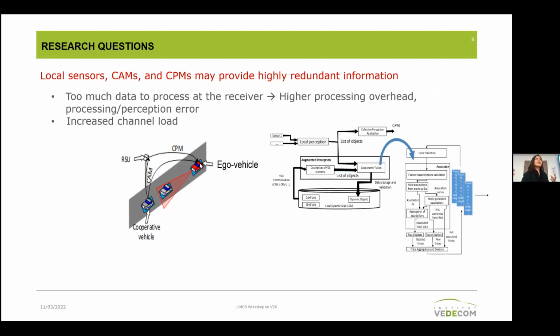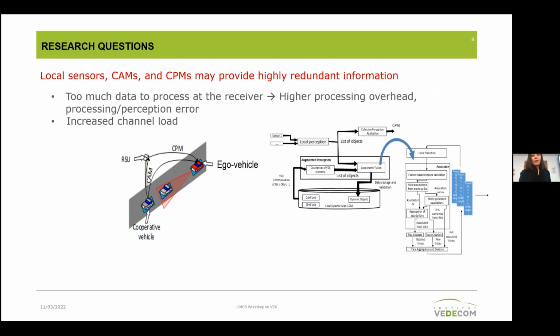Already in this simple scenario, there is redundant information arriving at the receiver side. In a real scenario with lots of vehicles, there will be potentially too much data to process. That means higher processing overhead, maybe eventually leading to perception error, and also increased channel load. A lot of redundant information unnecessarily uses the wireless resource, which is not unlimited.